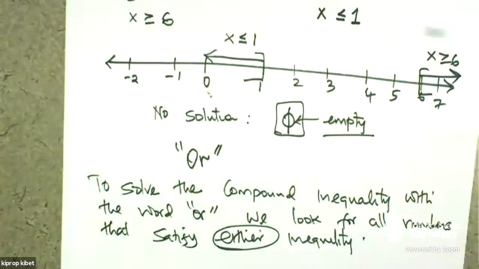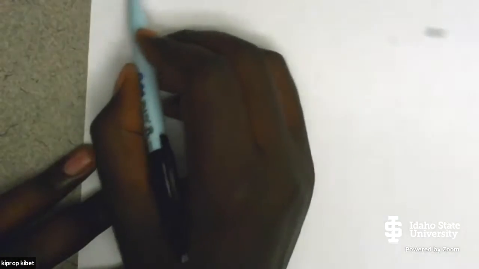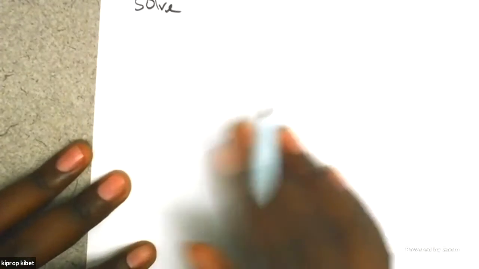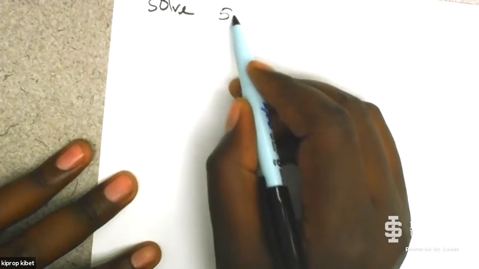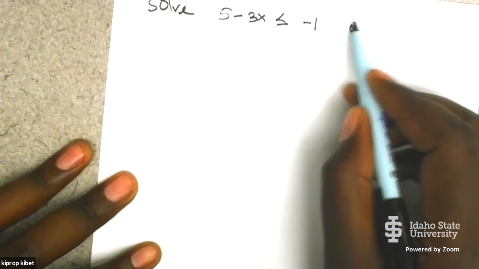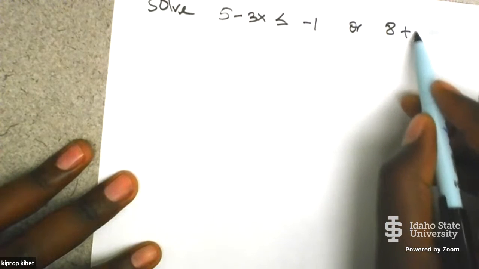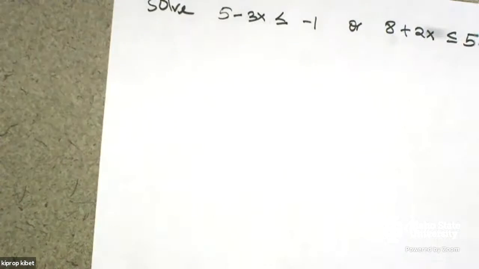Okay, so an example. Example number one. 5 minus 3x less or equal to -1, or 8 plus 2x less than or equal to 5.